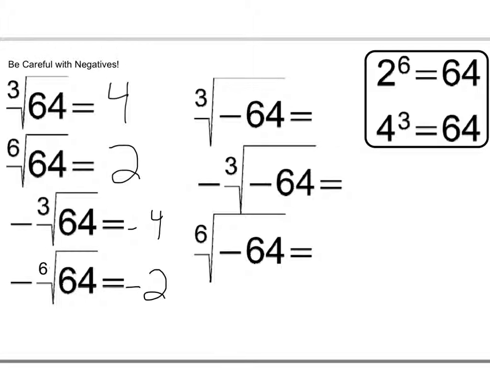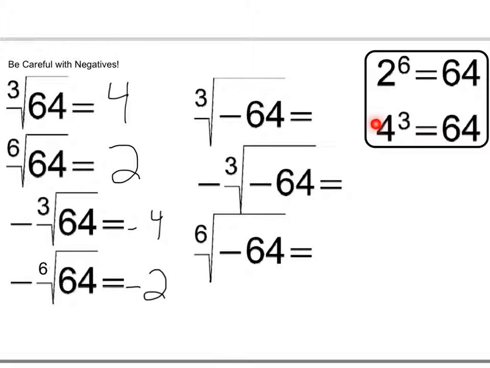Now, when I look at these examples on the right, I notice that my radicand itself, the number inside the radical, is negative, and that's very different from all of these where the radicand was positive. In this first problem, I'm trying to figure out the third root of negative 64. What number times itself 3 times equals negative 64?